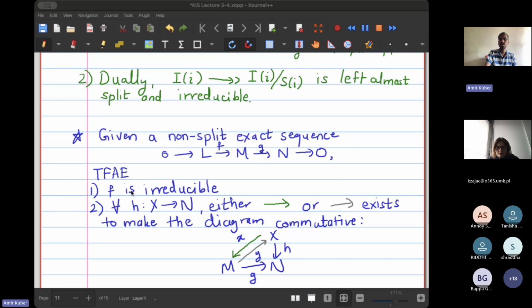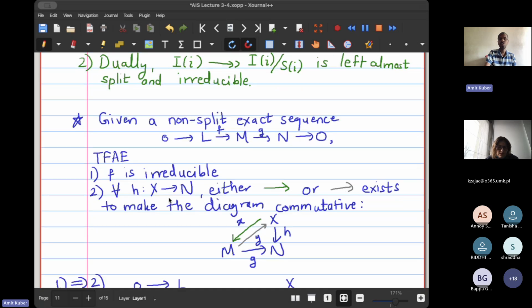The first map F is irreducible if and only if, for any map H from X to N, either the green arrow exists or the gray arrow exists, so that the diagram is commutative. It is quite unusual to think about this.